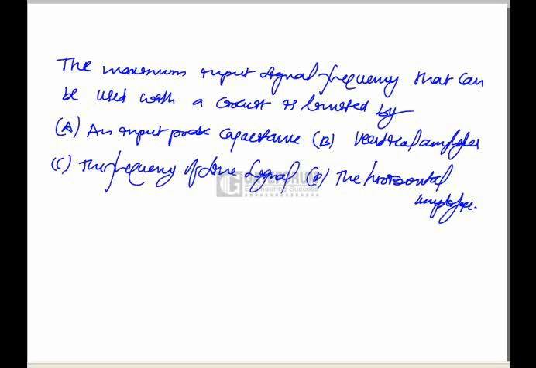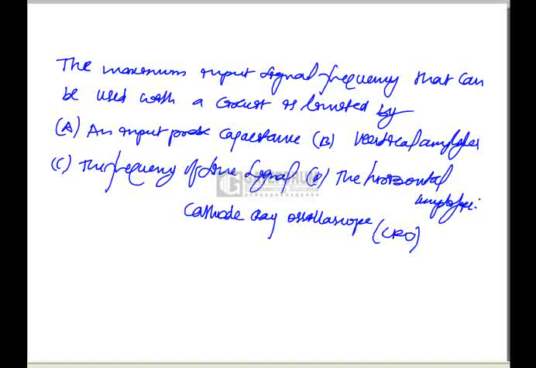Next question: the maximum input signal frequency that can be used with a circuit is limited by. This is based on the cathode ray oscilloscope, that is CRO. The maximum input signal frequency that will be used with the circuit is limited by the vertical amplifier.